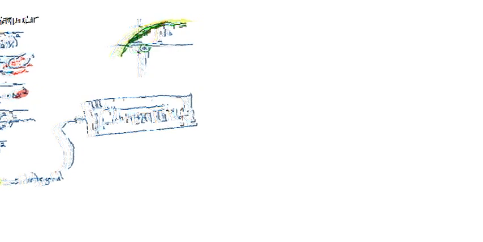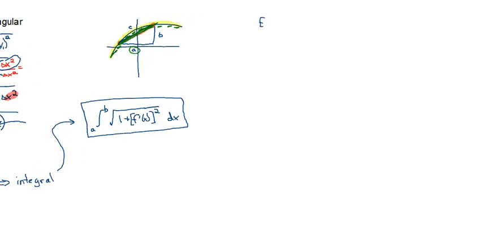So example 2 is we are finding the arc length of y equals x to the third over 6 plus 1 over 2x. And they've got a picture of that for you. And we want to find the length over the interval 1/2 to 2.